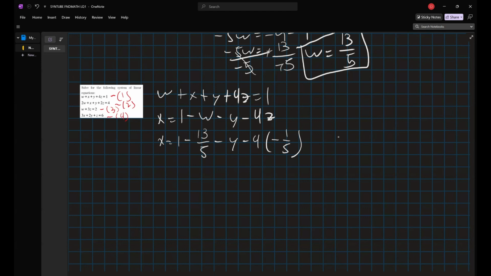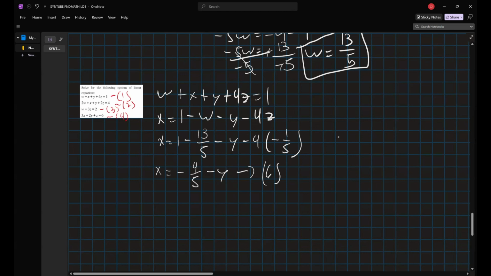We can multiply everything by 5, which would give us 5x. This gives us negative 4/5, or sorry, 4/5 minus y. We can use this as our sixth equation.